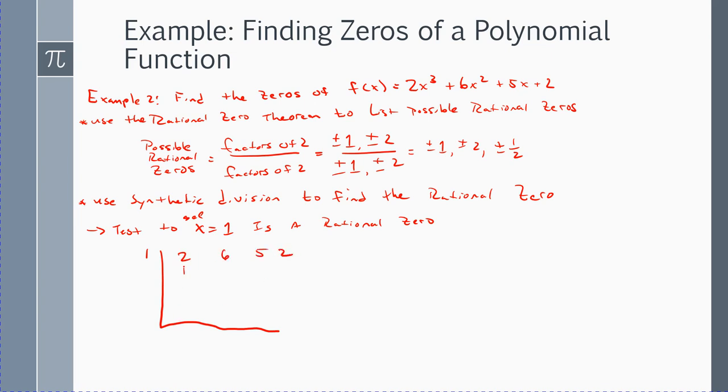So bring down the 2. 1 times 2 is 2. 6 plus 2 gets me 8. 1 times 8 is 8. Let's see, 5 plus 8 is 13. 1 times 13 is 13. And 2 plus 13 is 15. Okay, so we got a remainder. Okay, so we see x is equal to 1 is not a rational 0.